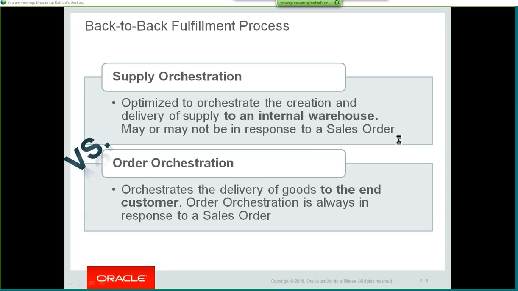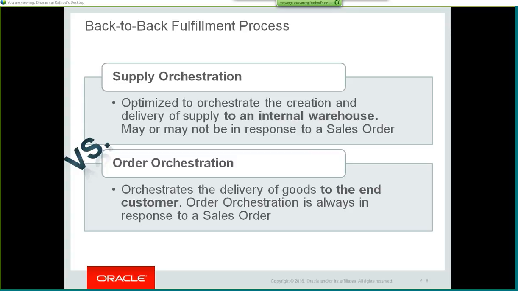So from the processes standpoint, we talked about supply chain orchestration in the earlier session, and supply chain orchestration would help you make the supply available into the internal warehouse. So the responsibility of supply orchestration is to make the supply available.